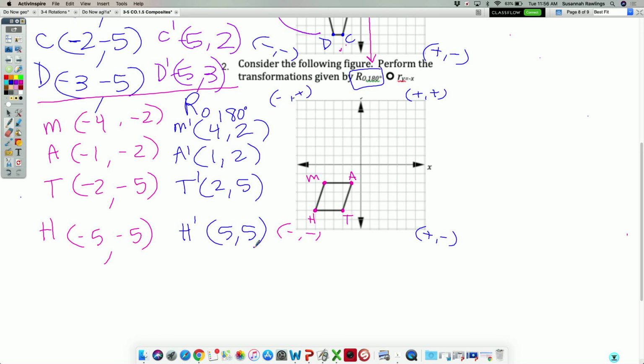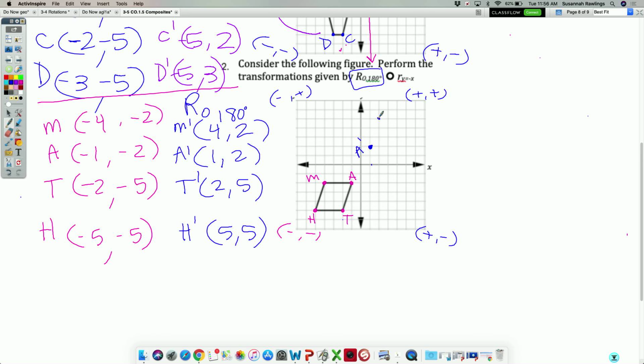Another way to do that, which some people prefer, just think we're going complete opposite. If I went left 1 and down 2, where would I go? Right 1, up 2. So some people prefer to do this all with the graph. So if I went left 2 and down 5, I'm going to go right 2 and up 5.